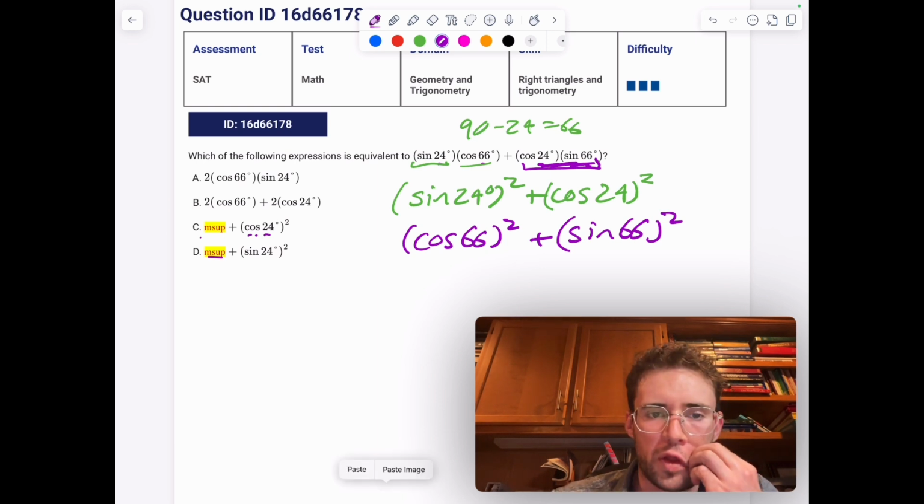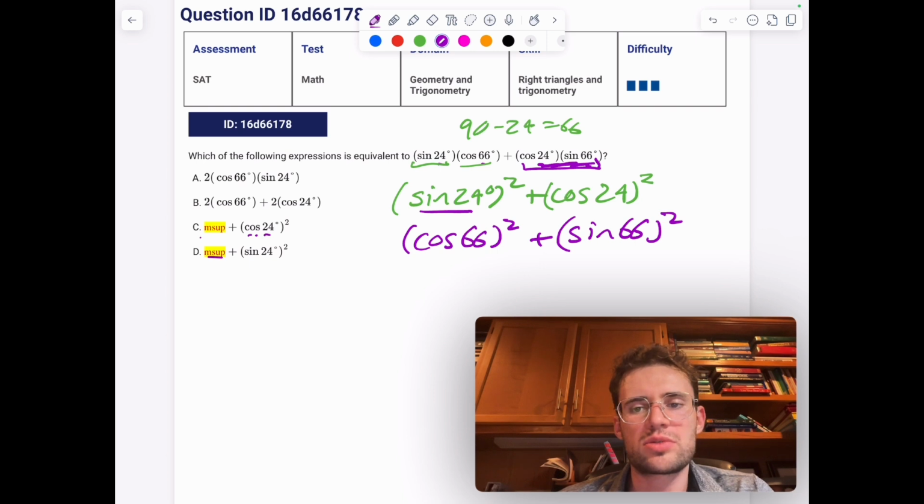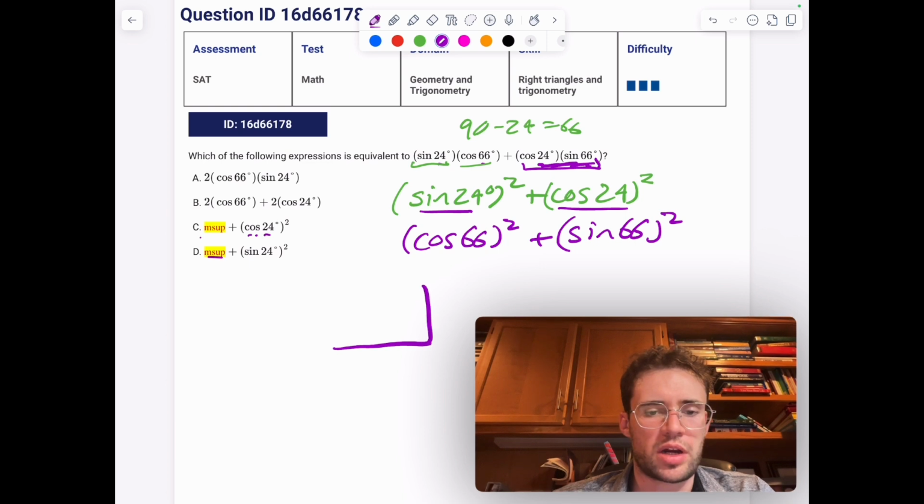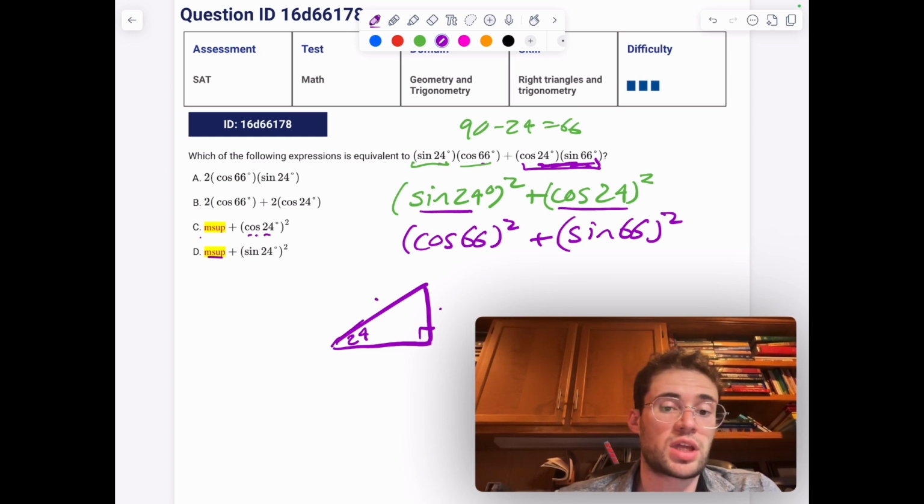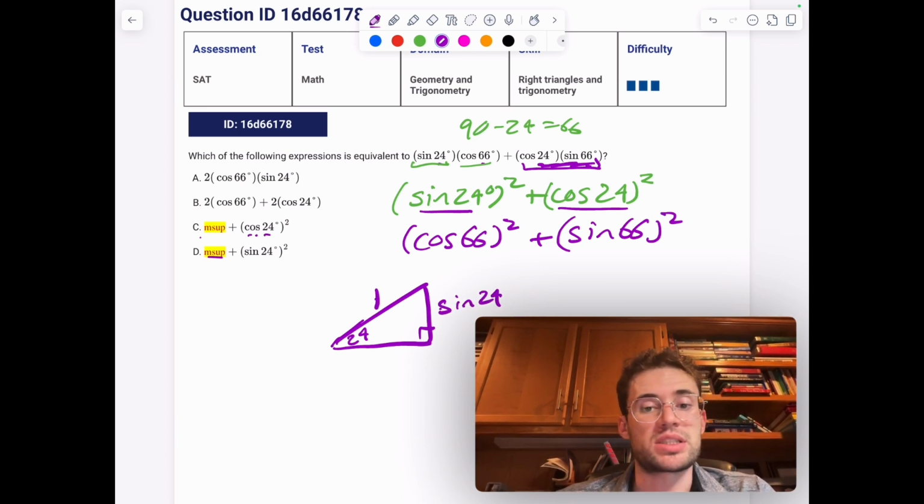So there's also another thing. I don't think this will matter, but if you have the sine of something squared plus the cosine of the same angle squared, if you draw a right triangle and say this is 24 degrees, and we treat the hypotenuse as 1, so it's like a unit circle, then the sine of 24 degrees is the opposite over 1, so it's sine of 24.